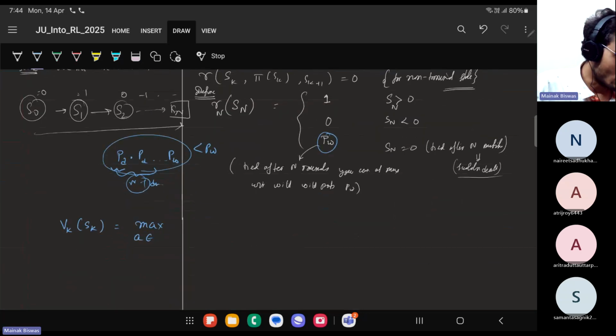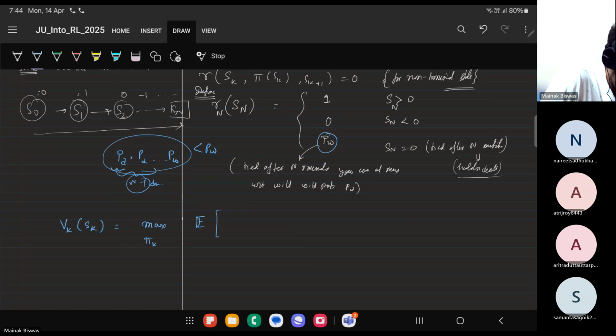Okay. So now I have to select. So now tell me first, what is the equation? Pi k, expected value of reward at Sk, pi k of Sk, plus 1, plus V pi of Sk plus 1, given Sk is equal to small sk.